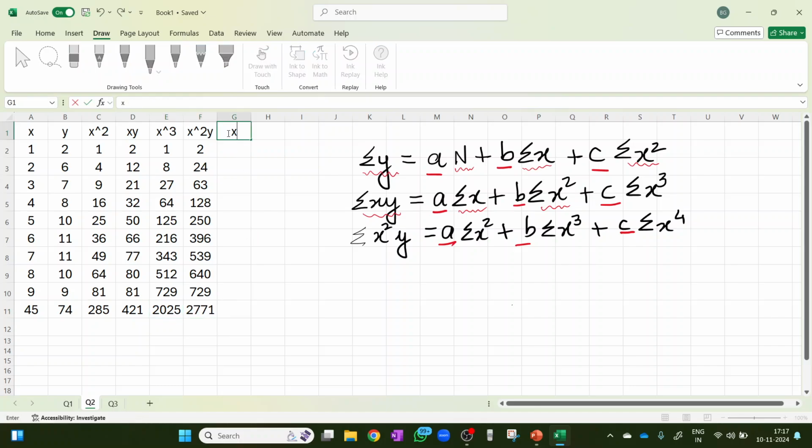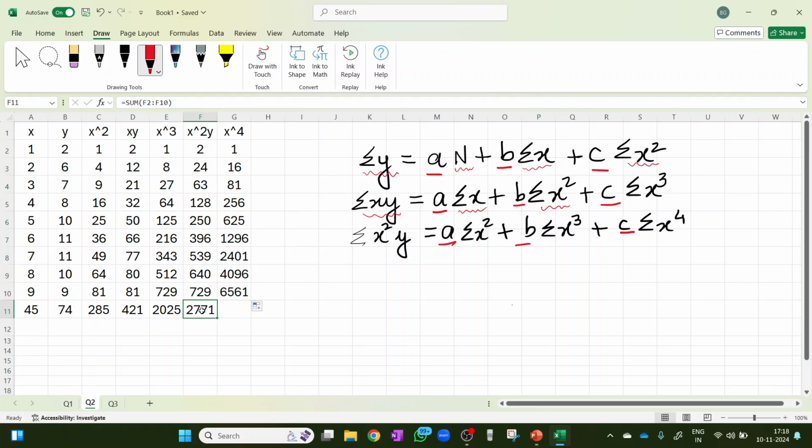And now lastly, x raised to 4 as per the last equation. So x raised to 4 would be, I can take square of x square, or you can multiply x 4 times. All 9 observations. Again, the total.